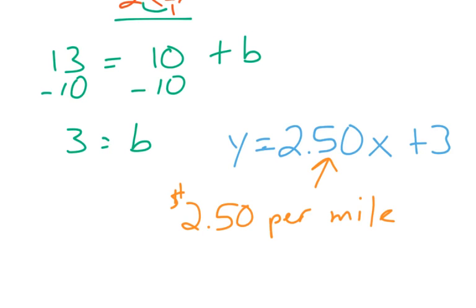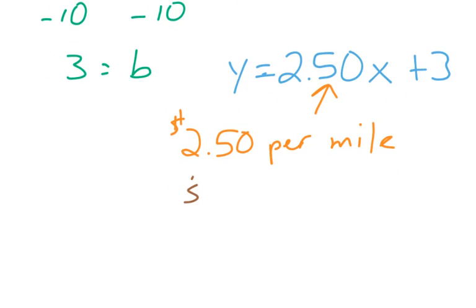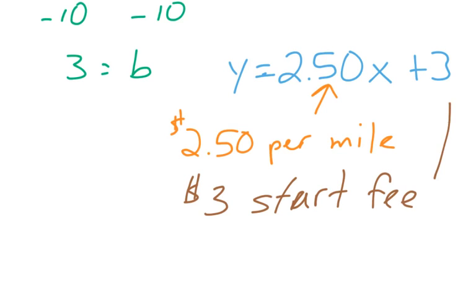The plus 3, I think we called that the start fee in the setup. So just to get in the cab costs you $3, and then it's $2.50 per mile to ride in that taxi.